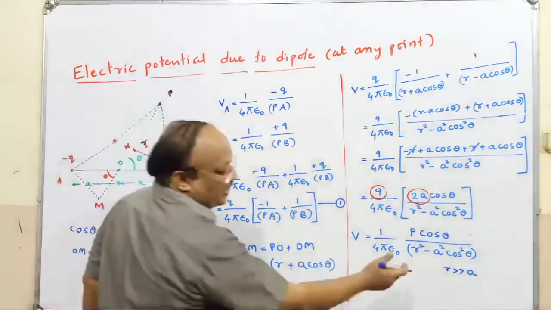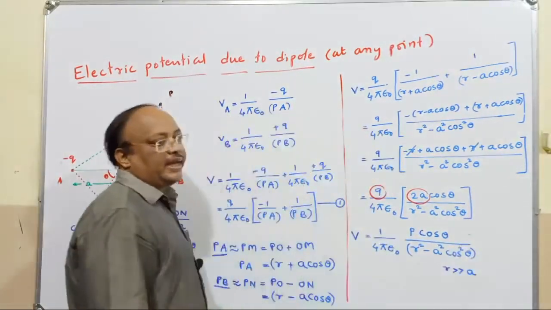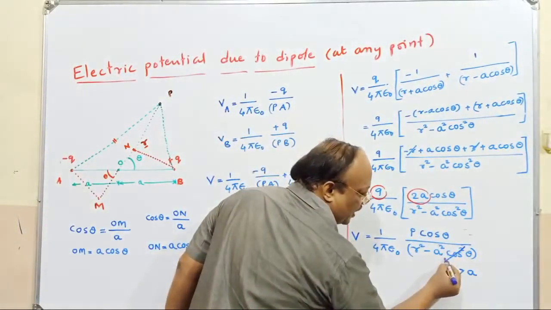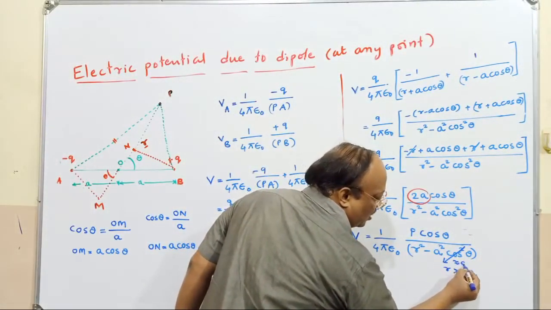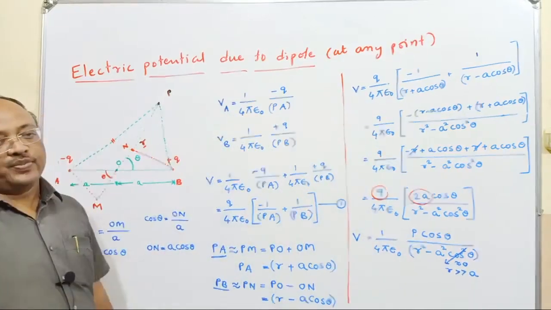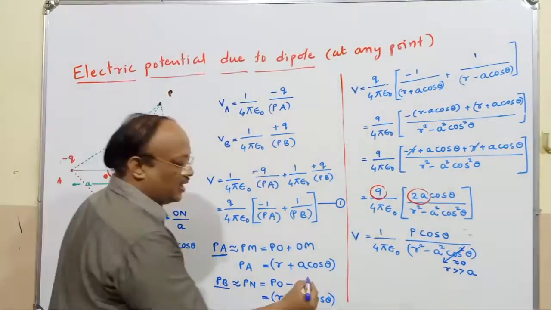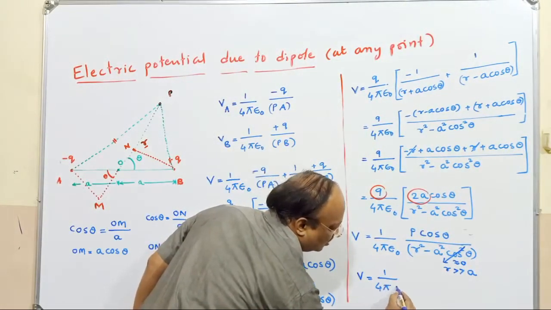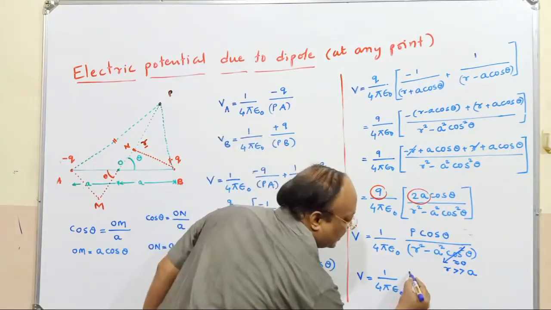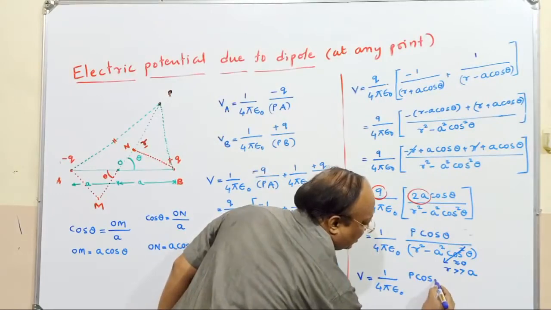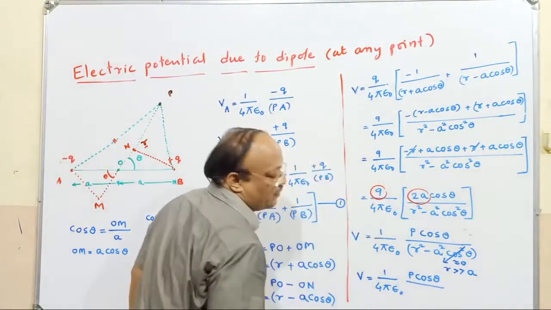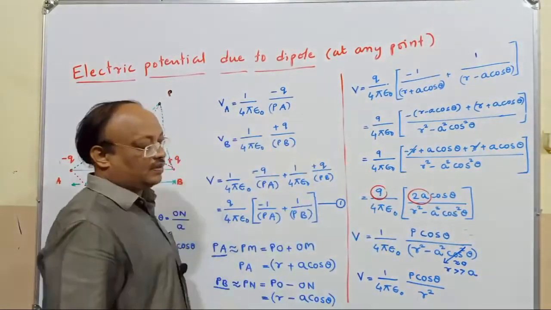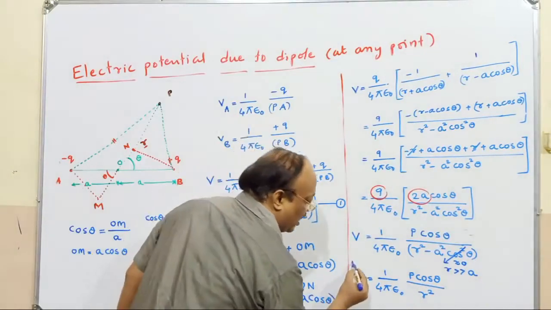So therefore, R is much greater than A. So this whole value is approximately equal to 0. Then potential will be 1 by 4 pi epsilon naught P cos theta divided by R square.